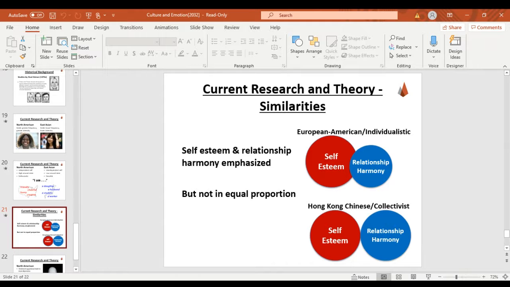So keeping that relationship healthy and happy, instead of, as in individualistic cultures, focusing more on keeping ourselves happy, while in collectivistic cultures it's more, how can I make our relationship a happy place? How can I make us happy?